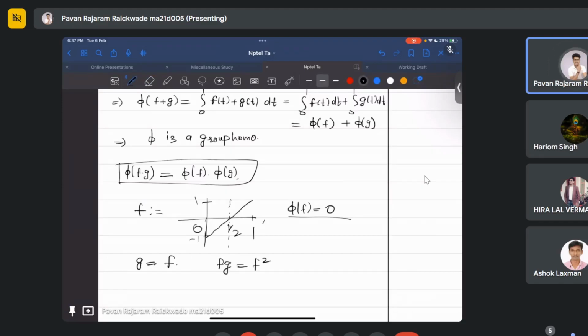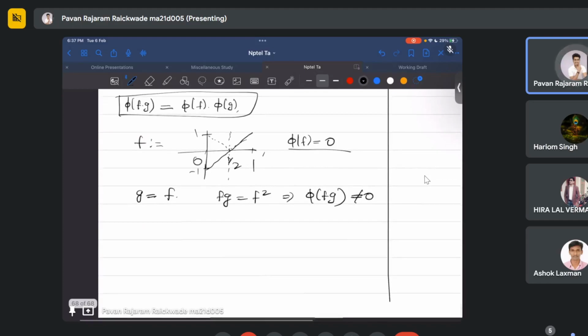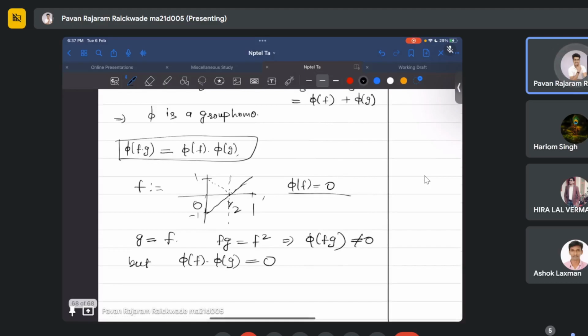So basically you have something like this, an all positive map, which implies phi of fg is non-zero because it's a positive function and the integral is over the positive domain [0,1]. It means the integral is non-zero, but when you take phi f times phi g, you get 0.